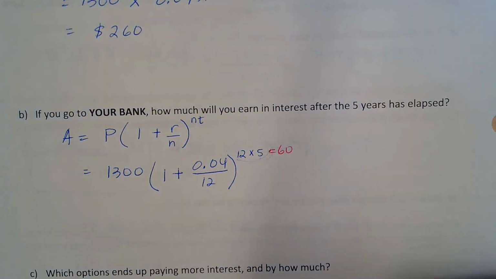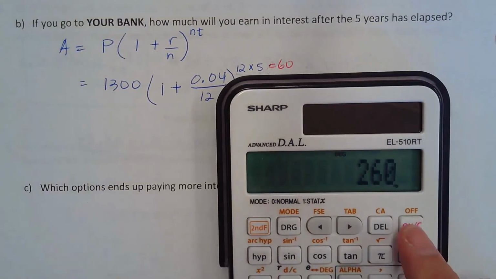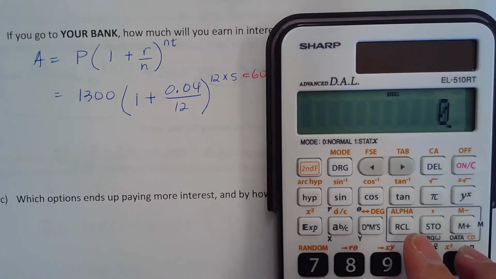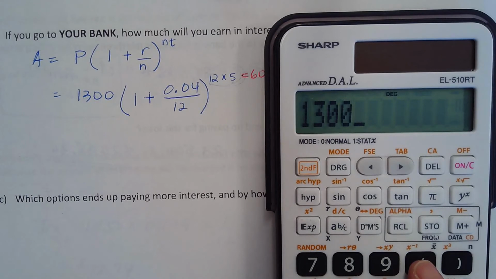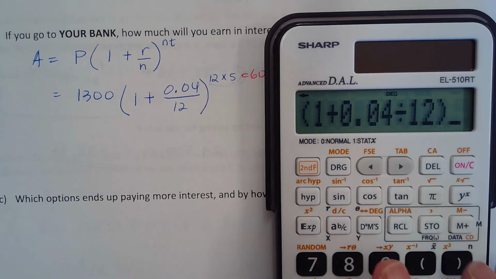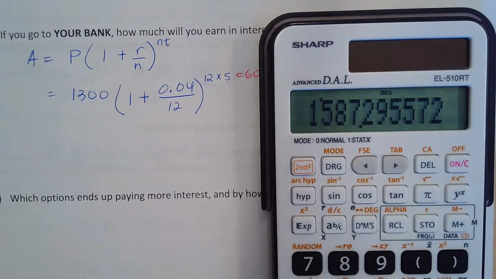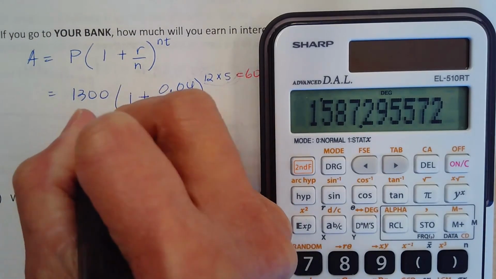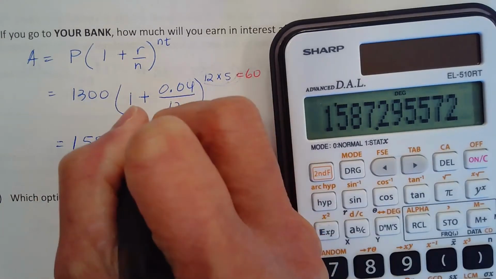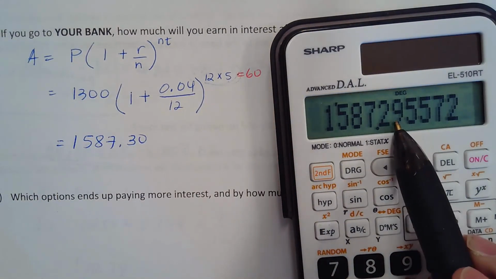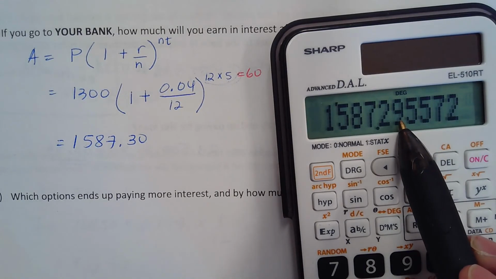So when you type that in, you can just go 1,300 brackets 1 plus 0.04 divided by 12, close brackets, and then we want to do an exponent, y to the x, 60. $1,587, and I have to round this up to 30 because the 5 will round it off from 29 to 30.